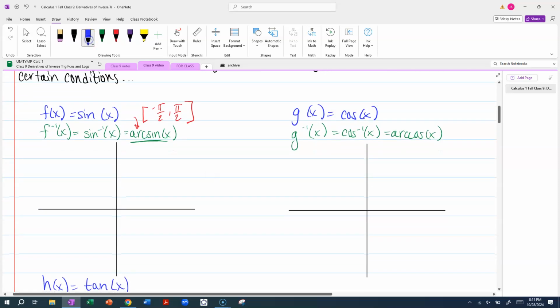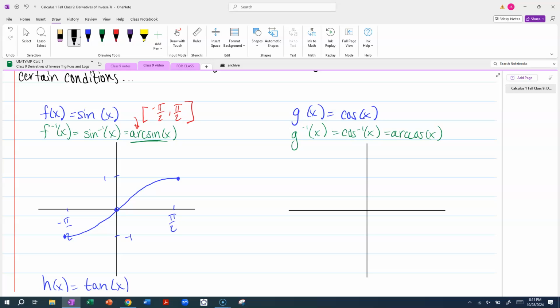Just as a quick reminder, if we wanted to graph sine of x on this particular domain, negative pi over 2 to pi over 2, the values here: sine at negative pi over 2 is negative 1, and then 0, and then 1. I'm just eyeballing this. We'll call this 1, and we'll call this minus 1. And so it would do something like this on this domain, and then when we look at that inverse, it is a reflection over the line y equals x.